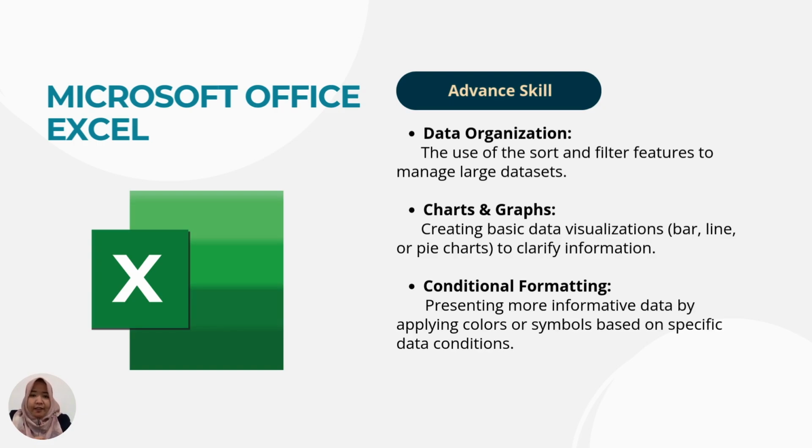Another advanced skill is creating basic data visualization, such as bar, line, or pie charts to classify information from the data sets. And lastly, presenting more informative data by applying colors or symbols based on specific data conditions. So, data organization, charts and graphs, and conditional formatting are considered the advanced skills in Microsoft Office Excel.